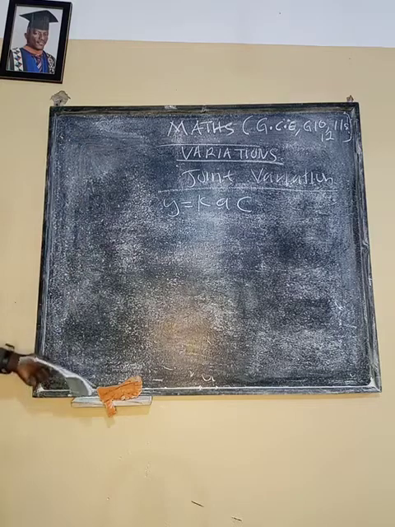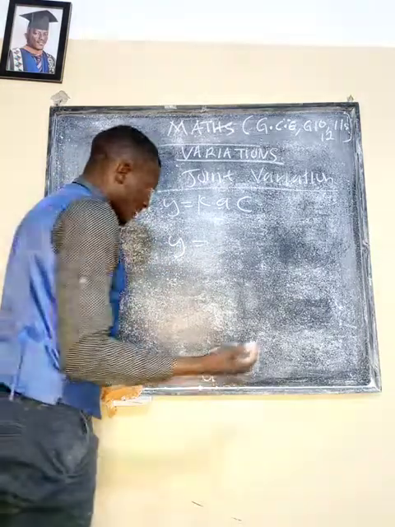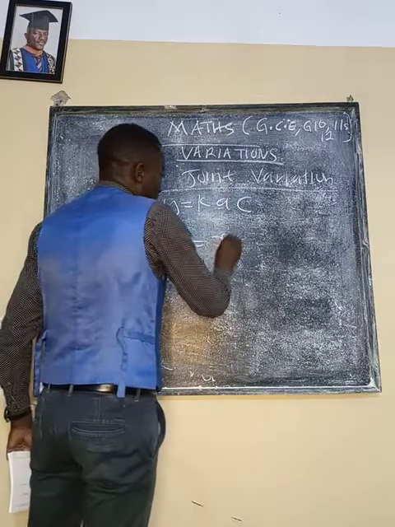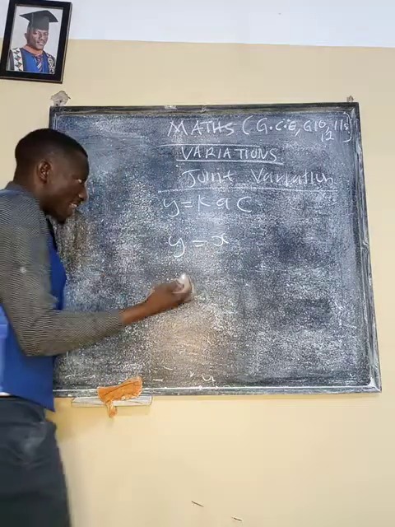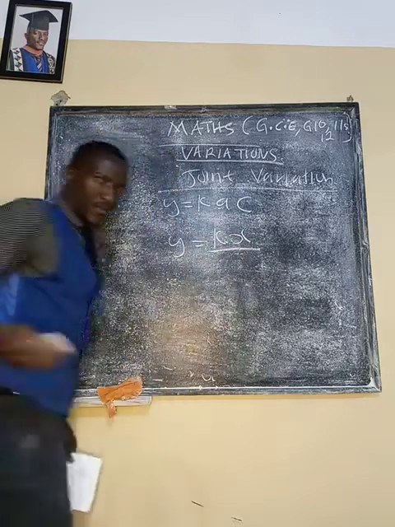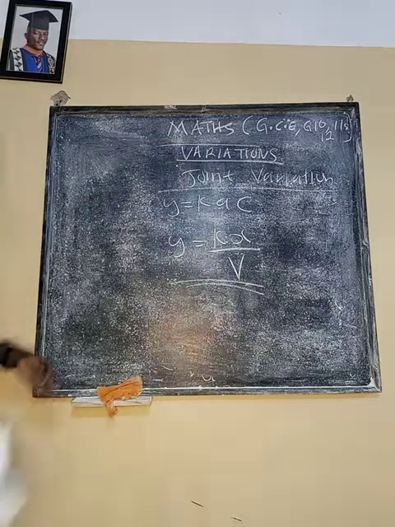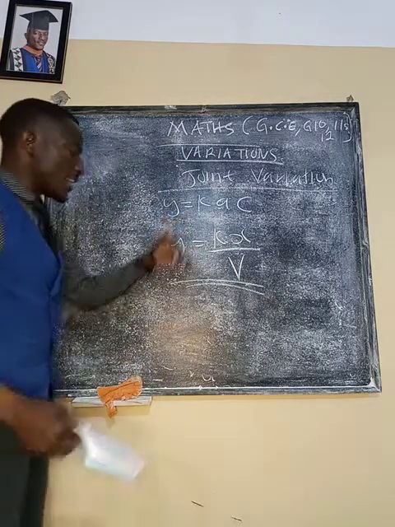Sometimes they'll say y varies directly as x and inversely as v, so it will have k, x, and the one for inversely will be down. These are called joint variations, where you have this and that.